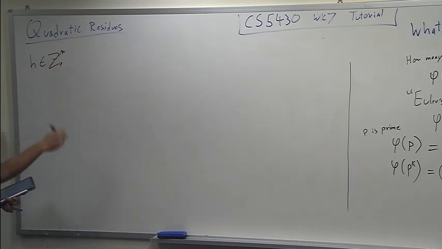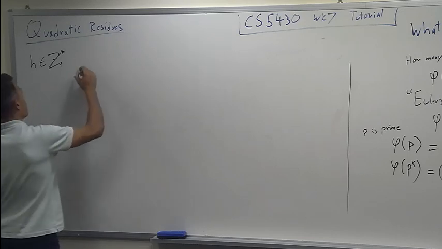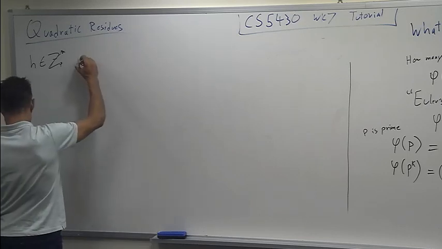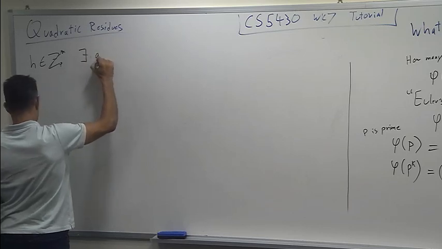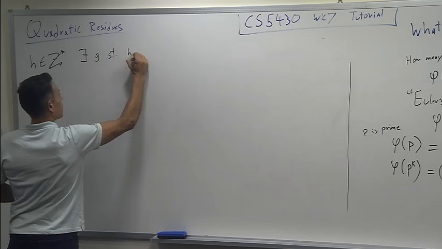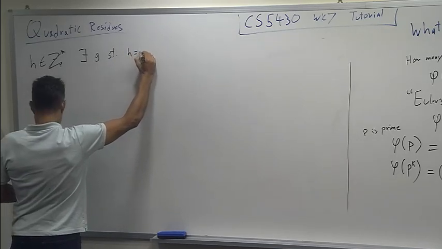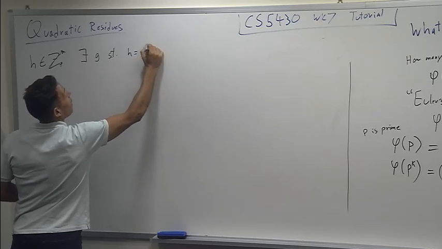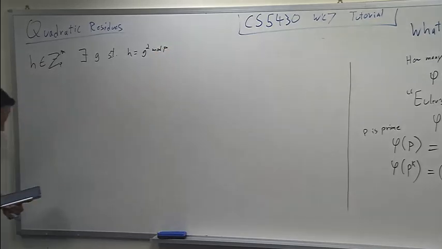As mentioned previously, if this works in Z_p star, we can bring it over to Z_n star. Does there exist some g such that h is equal to g squared mod p? I used three different letters here, that was not brilliant of me. Exactly as was said.